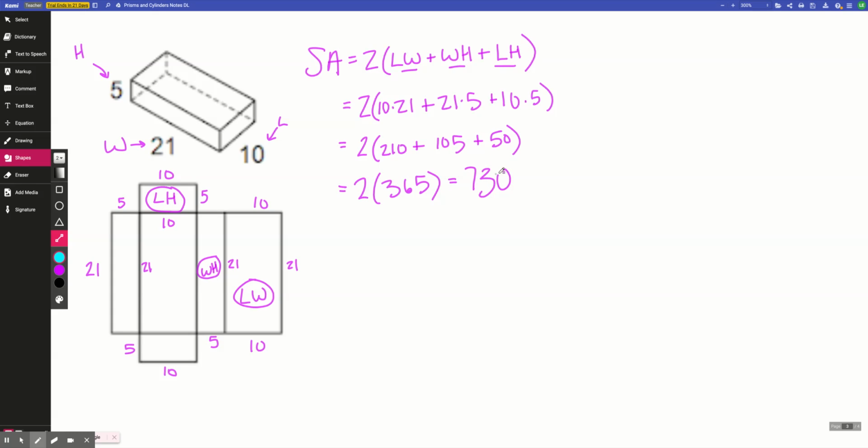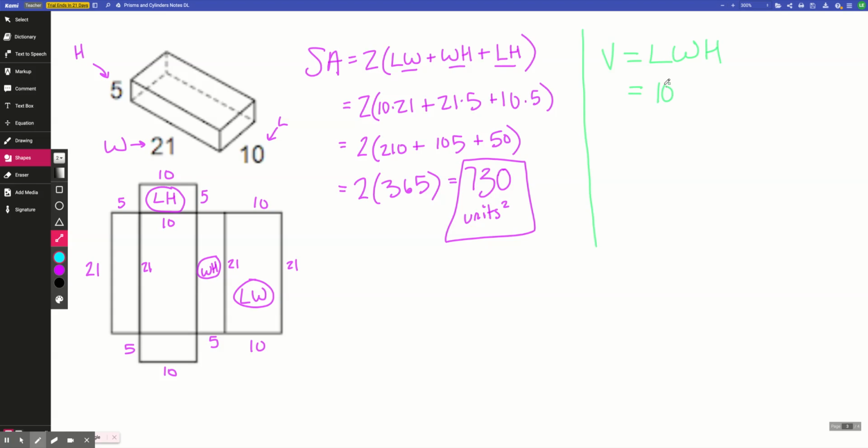Okay, and technically I should put units squared right here, but that would be my final answer. Okay. All right, and then volume is pretty short, right? Because it's a much shorter formula. So remember, the volume of a rectangular prism is just multiply all of those dimensions together, length times width times height.